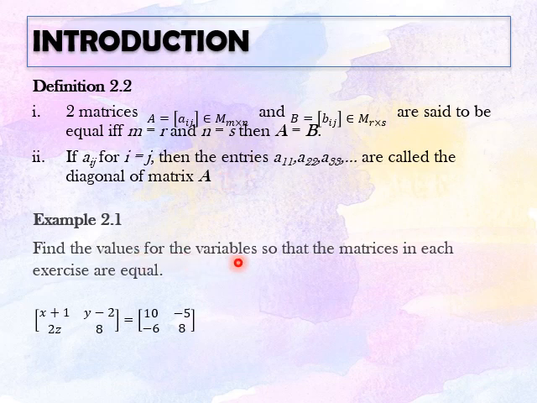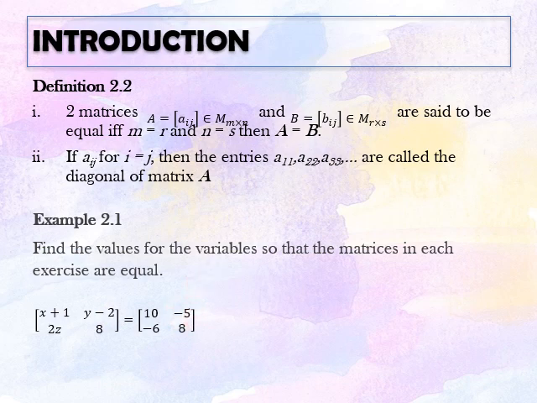Find the values for the variables so that the matrices in each exercise are equal. For example, this one. This is matrix A, this is matrix B. Both have order 2 by 2. So x plus 1 must equal 10 since they are equal, and 2z must equal negative 6, and y minus 2 must equal negative 5.